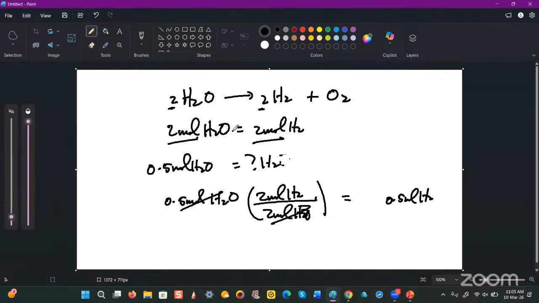There are some other things that are important as well. It's important that you recognize that the coefficients here represent the mole relationships between the different substances, not the mass relationships.